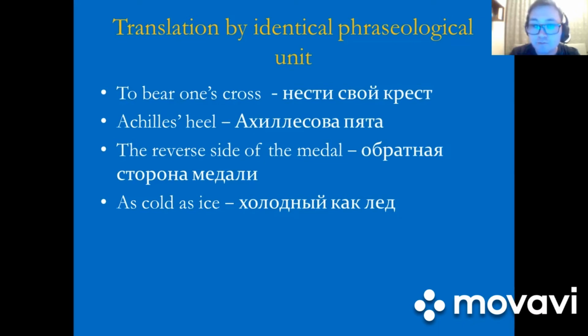The main common sources of phraseological units in English and Russian are the Bible and some famous literary sources. For example, that could be Greek mythology or Roman mythology or Roman and Greek literature.